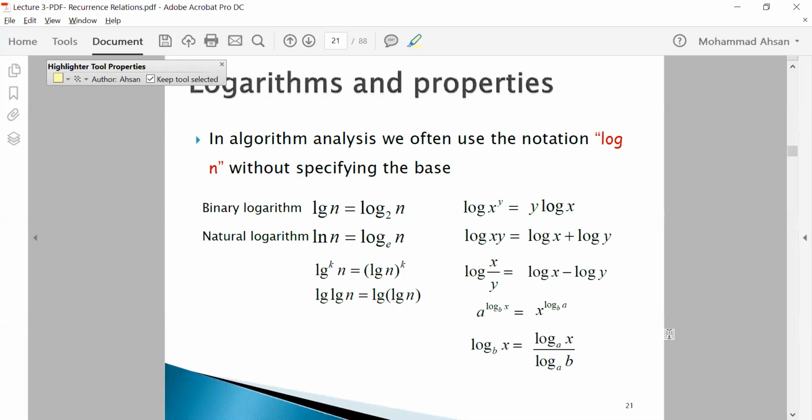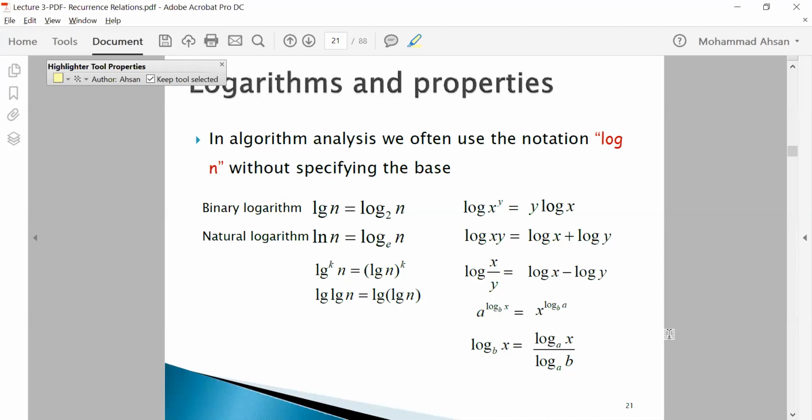Mostly we use binary logarithm in case of many problems that we do, because we have quick sort, merge sort, where we are always dividing by 2. So if the input is of the magnitude of a power of 2, then it's easy to solve those equations. You'll see that in a while.